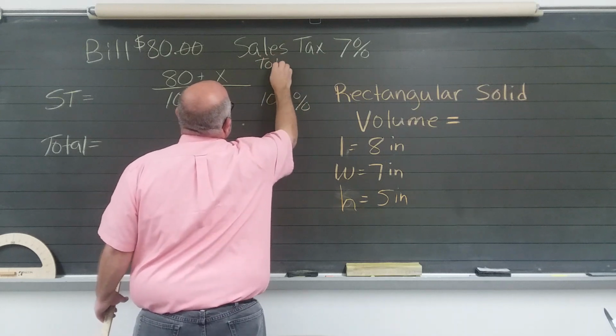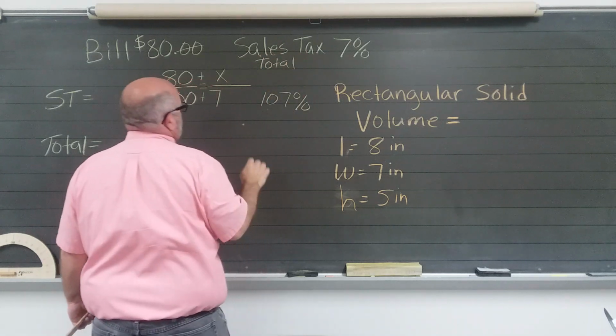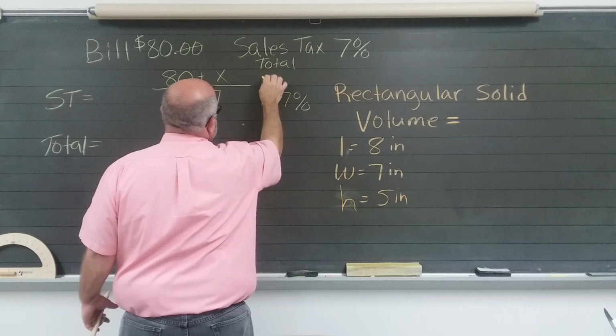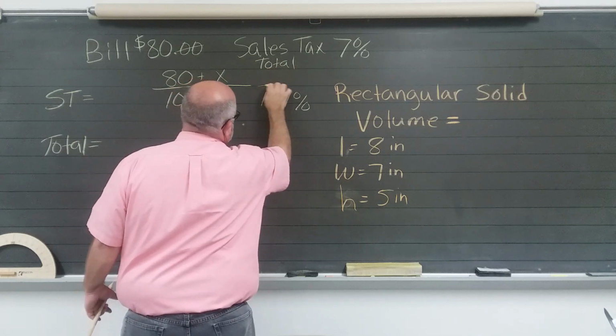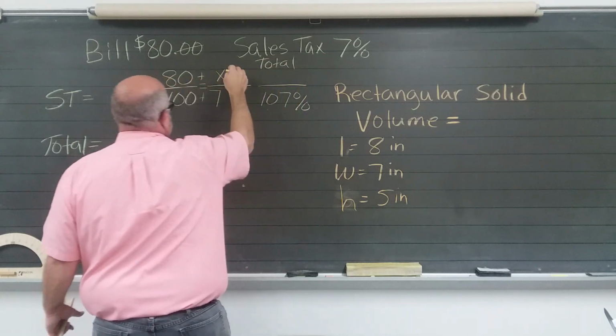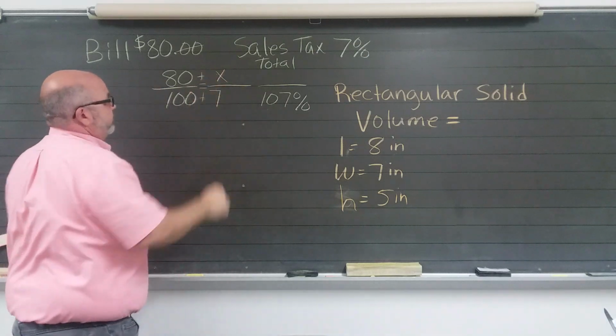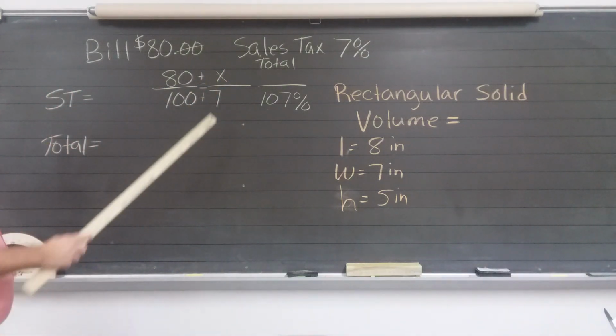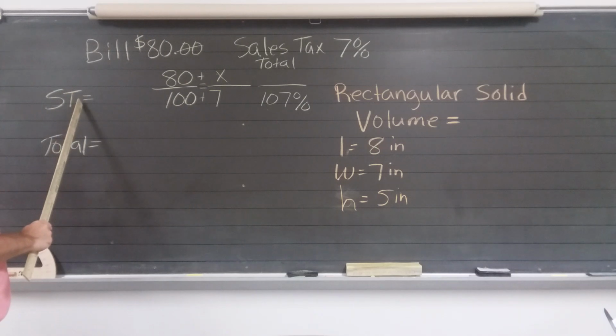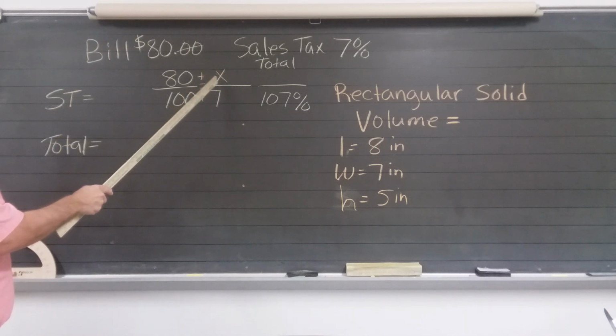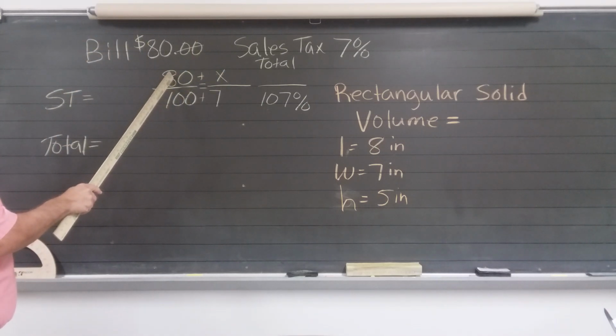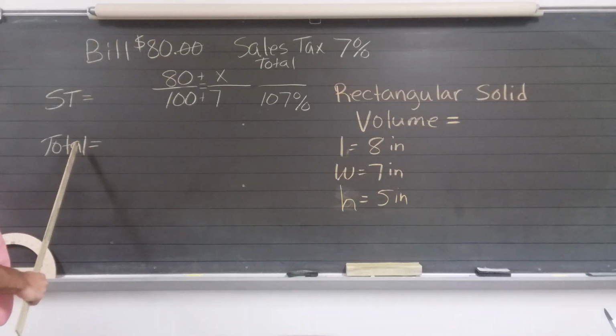Okay, total. And this will be the total then. So you'll need the X. X is the sales tax. And then you add the sales tax to what you have here, okay, for the total.